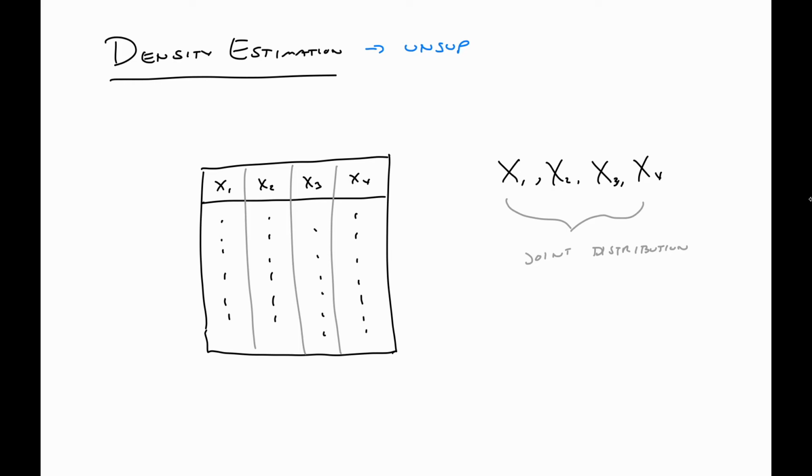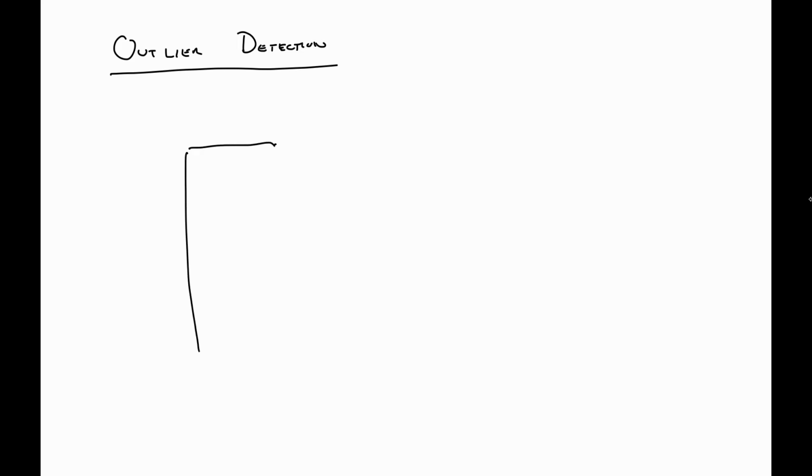Okay, so skipping that for now, let's talk about outlier detection. So again, we're unsupervised. Let's say we have some data with just an x1 and an x2, and I'm going to make up some numbers this time.